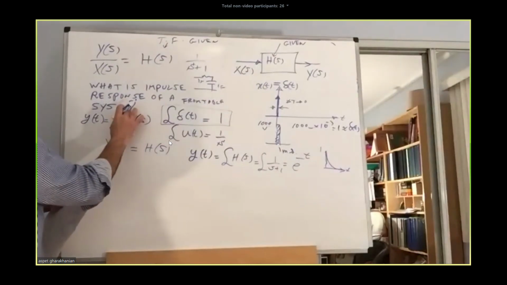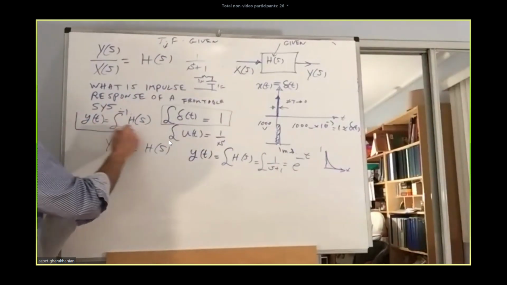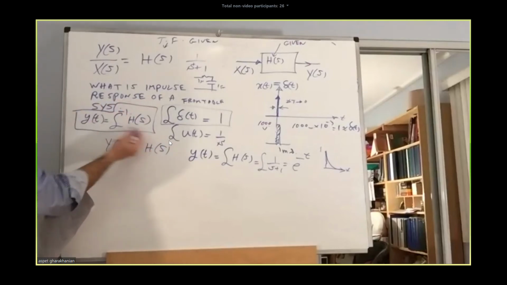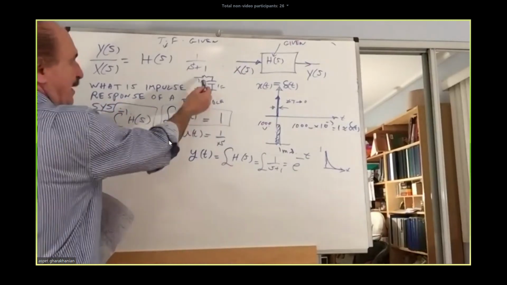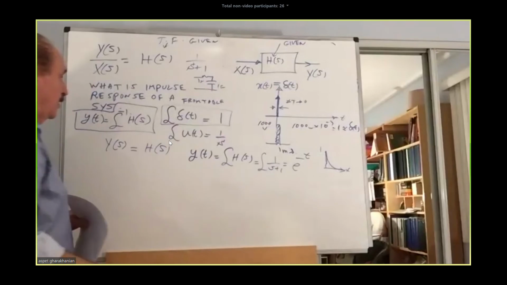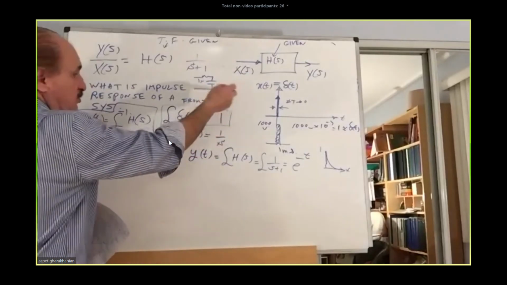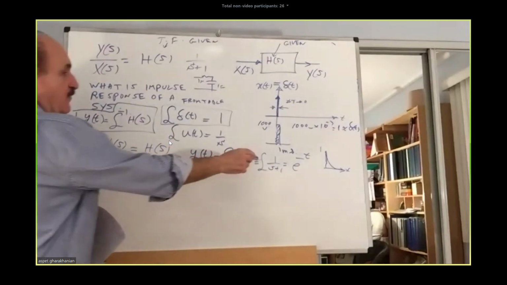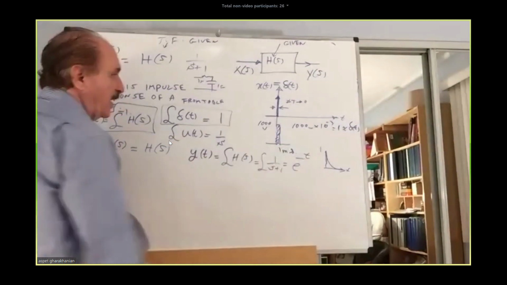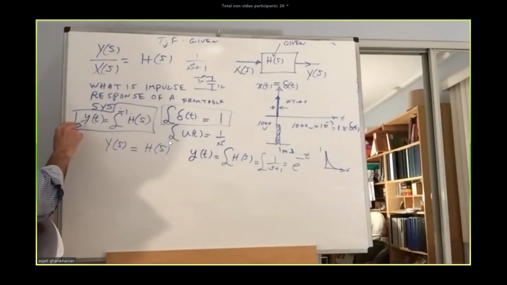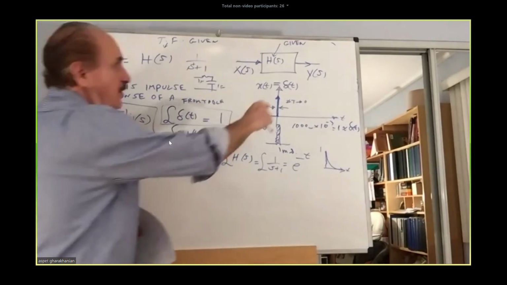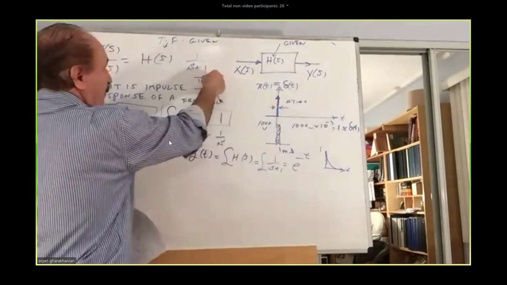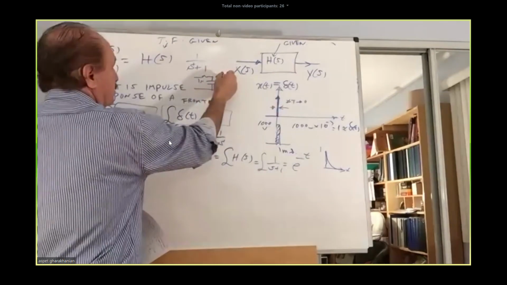That's it. So if I had an RC circuit, its transfer function would be straight away 1 over s plus 1. Its inverse transform, which is e to the power minus t, would be the shape of the output voltage across this capacitor here, if that is the y.